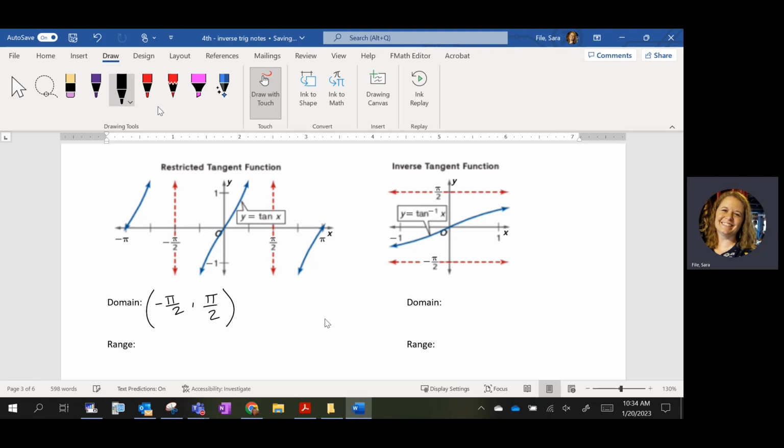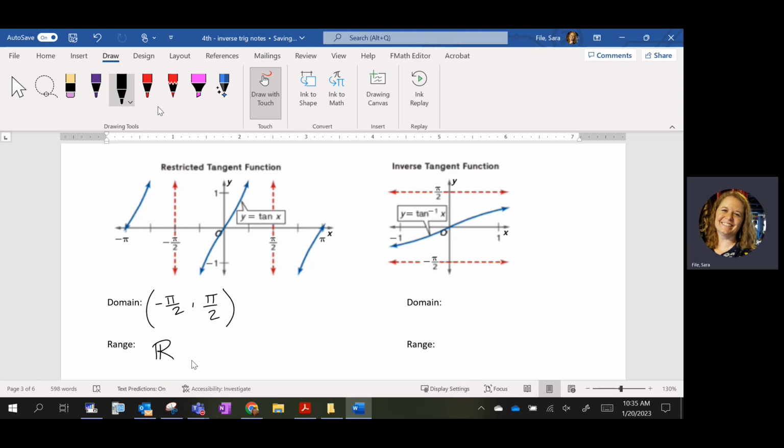Parentheses instead of brackets. Very good. The range is not -1 to 1 like it is for the sine and cosine functions. What's the range for the tangent function? How low to how high does this go? Yeah, I'm just going to use the all real number symbol, but it's -infinity to +infinity. It goes forever in both directions.